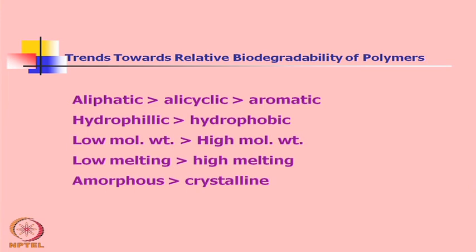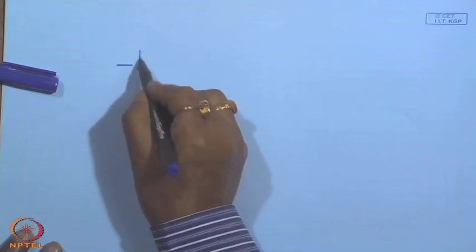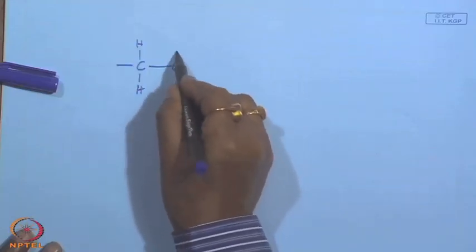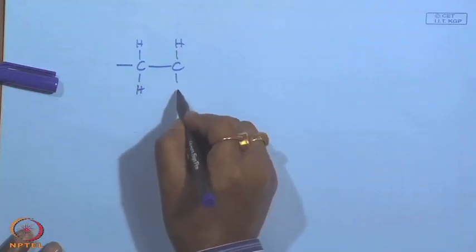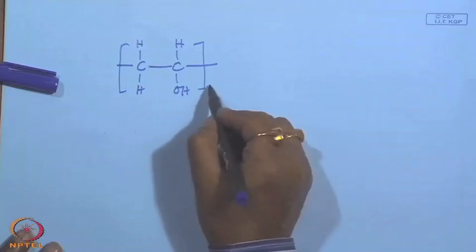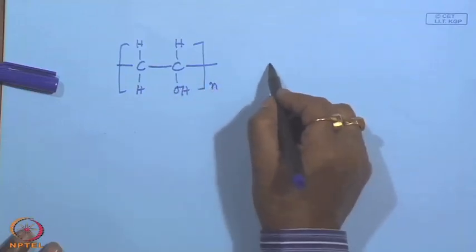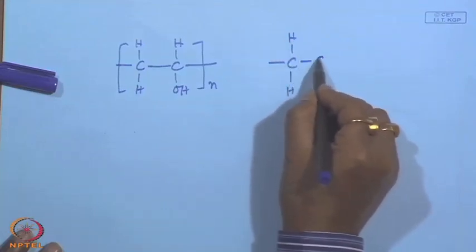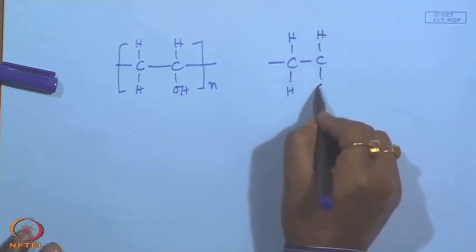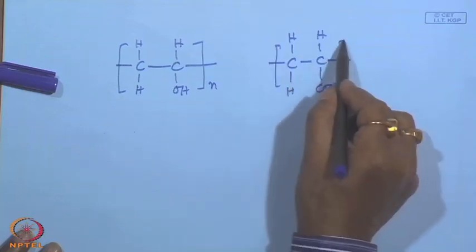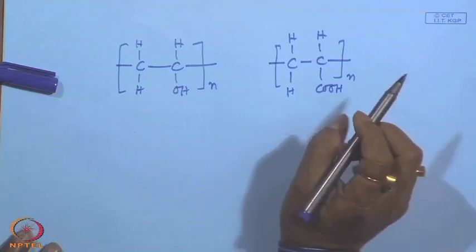For example, polyvinyl alcohol is a hydrophilic polymer. It dissolves in water, it is a water soluble polymer, and this is degradable. Similarly, a polymer like polyacrylic acid is again hydrophilic, and this is also biodegradable.